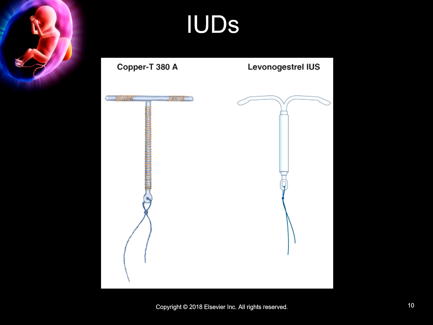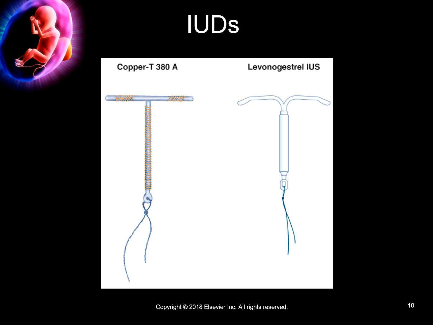The IUDs are not permanently inserted. One, the copper ParaGard is inserted and can be left for 10 years. And then the Mirena, or Levonorgestrel Mirena, can be kept in place for 5 years.